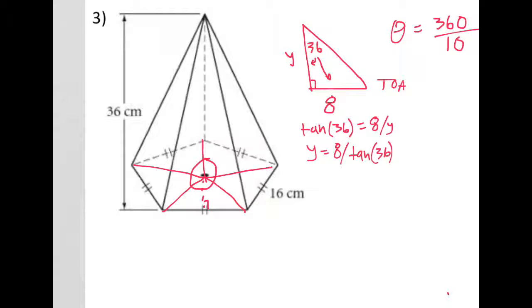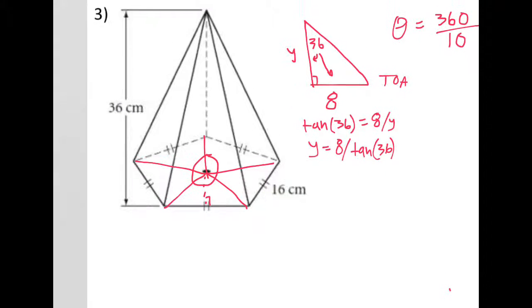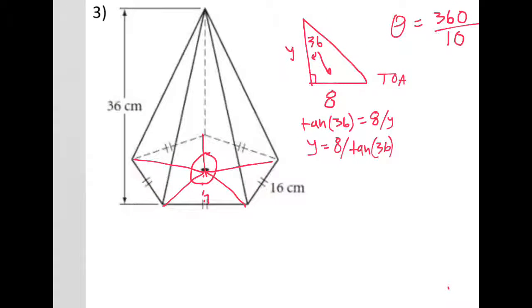that apothem to find the area of the base. So to do so, we need to take that length of the apothem, so that y value, and multiply it by the base of that triangle, which is 16, and then divide that by 2, so 8. So I'm going to say y times 8 would represent one triangle like that, and there are 5 of those triangles.